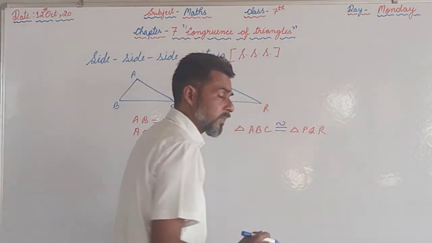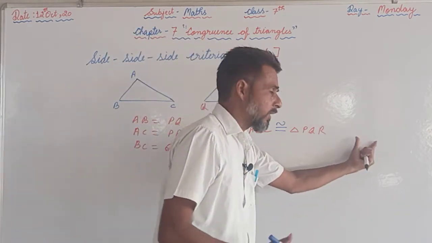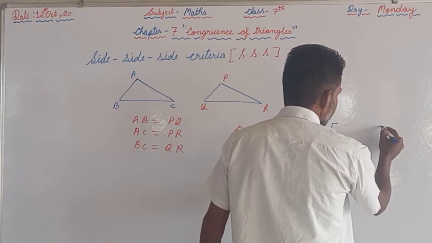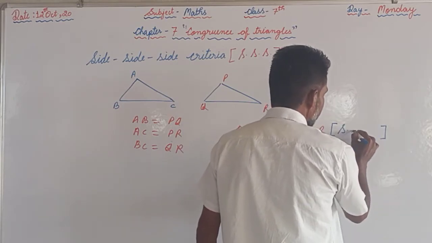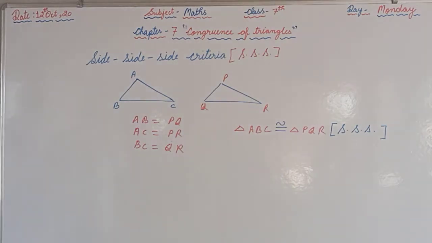The important thing is we are supposed to mention the criteria in front of that. By which criteria? So here we will write in bracket side, side, side, because it is given in the question that the corresponding sides are equal. Then in front of that we will write, by the criteria side, side, side, these two triangles are congruent.